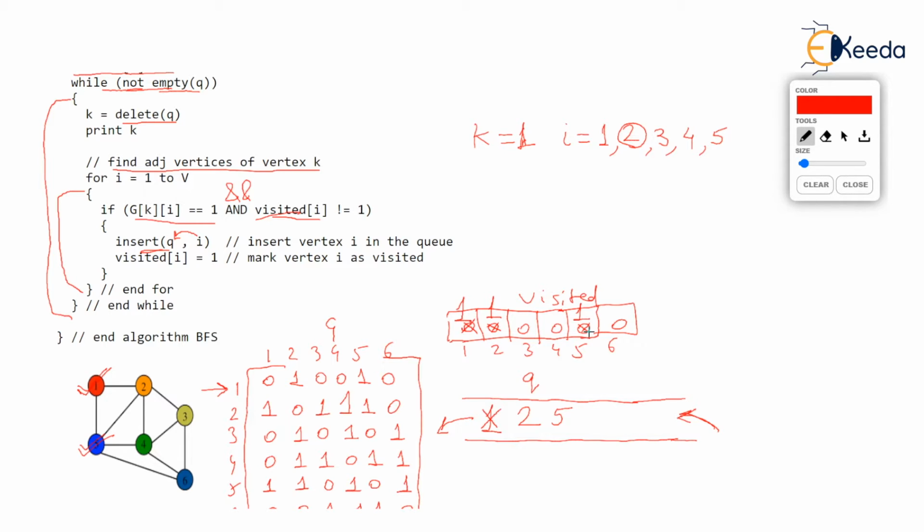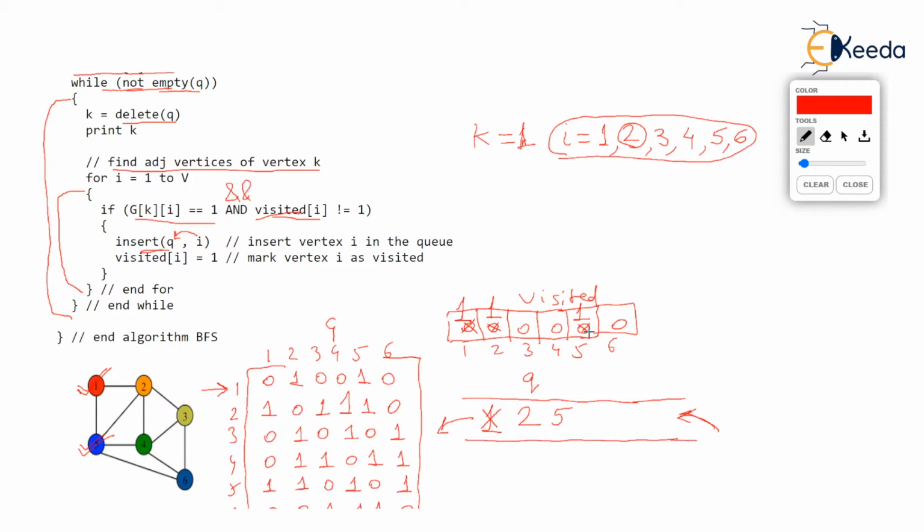All right. So where were we? I was 5. Now let's go back to the for and make I as 6. So we are now checking first row sixth column, kth row ith column, and as you see, first row sixth column is 0. So the condition of adjacency fails. Now after reaching I equal to 6, most importantly the for loop ends.